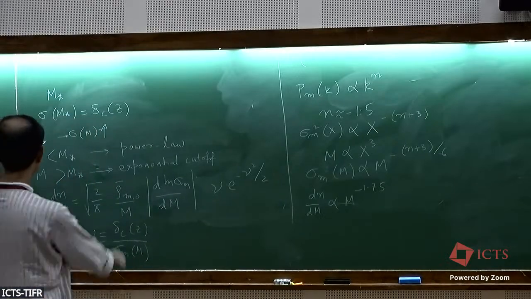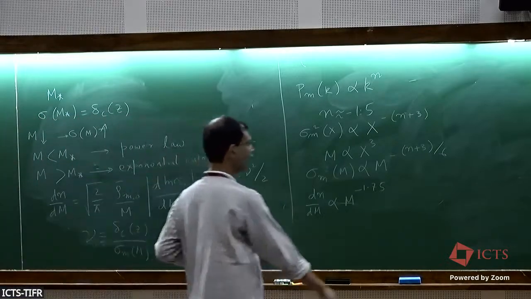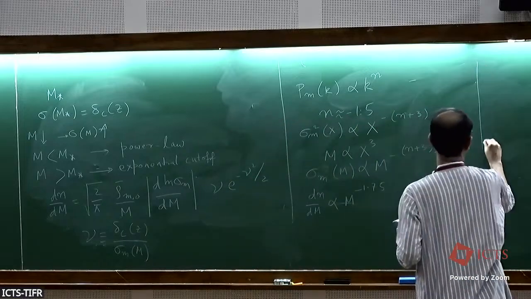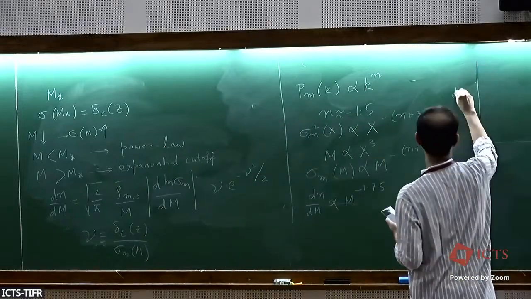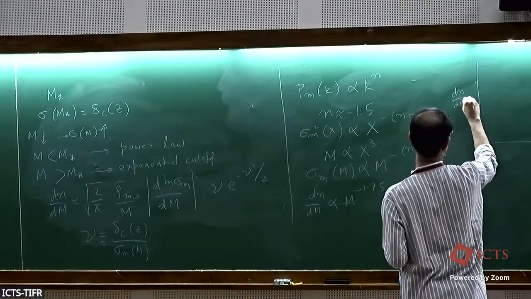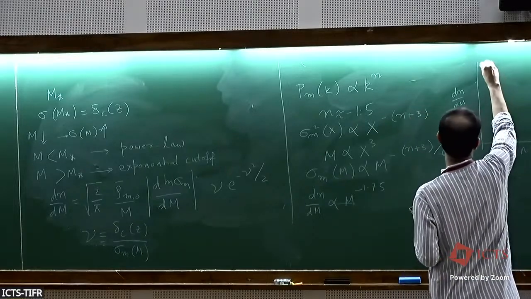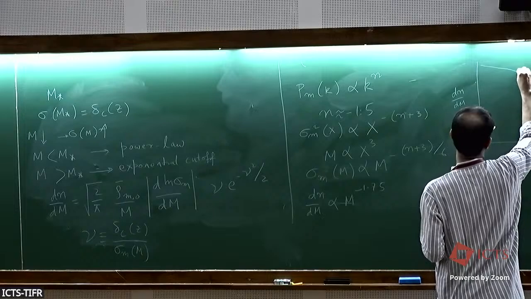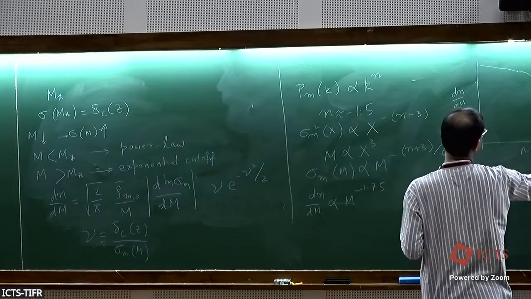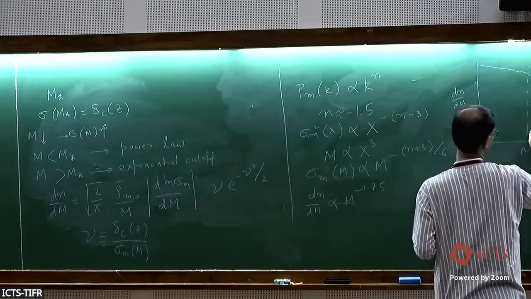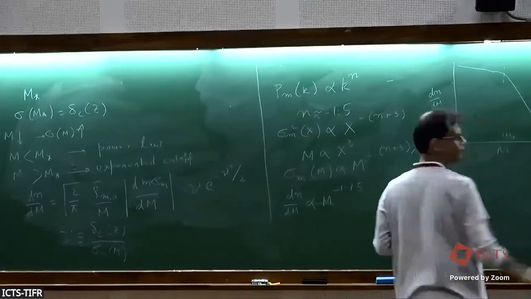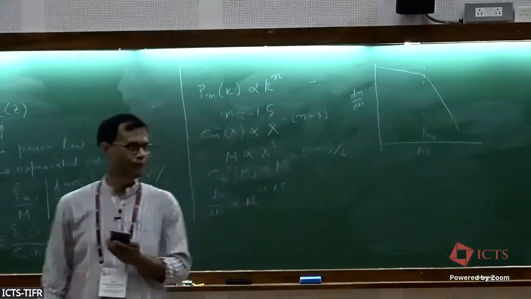And then you hit m star and it falls exponentially. If I plot it roughly, dn/dm versus m, both in log scale, you will see initially it does like this, and then at some point it just starts to fall. So this will roughly be m star.